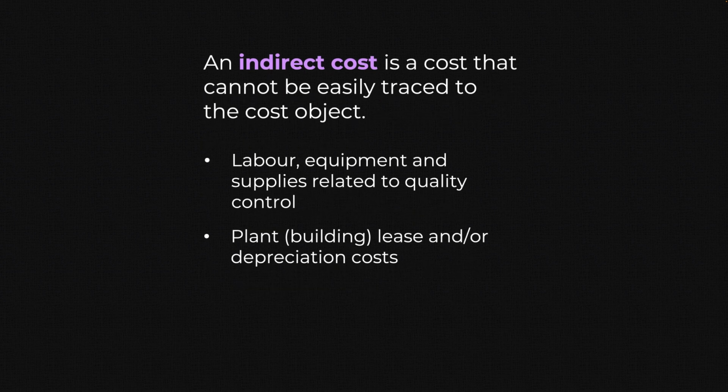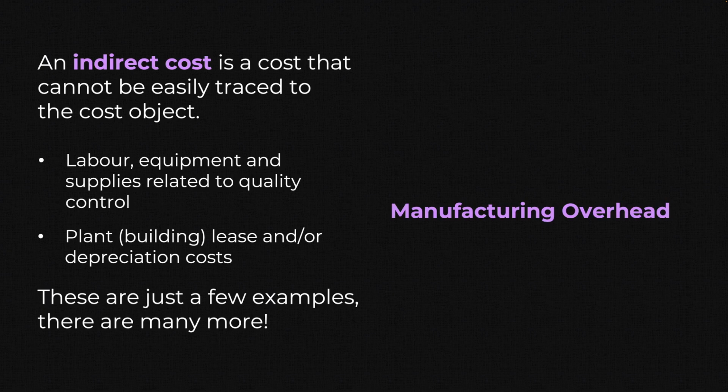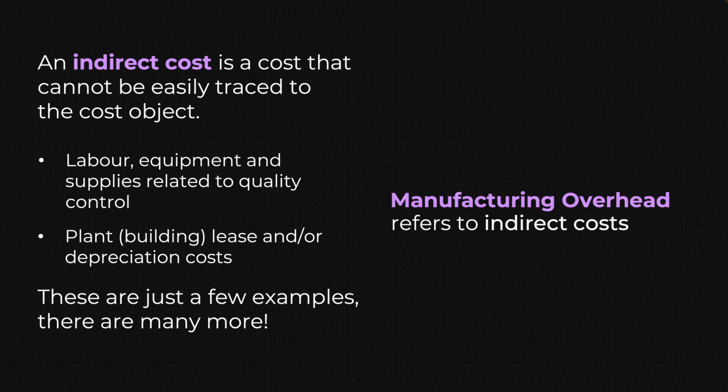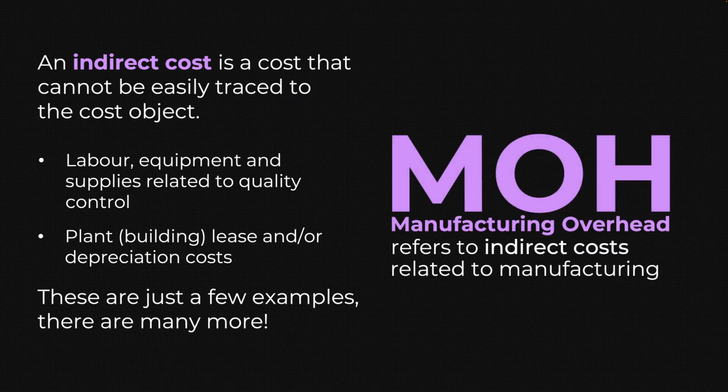Those are just a few. There are many more examples. Now, typically, when we are talking about indirect costs, we are referring to manufacturing overhead, which refers to indirect costs related to manufacturing. Commonly, this is abbreviated as MOH.